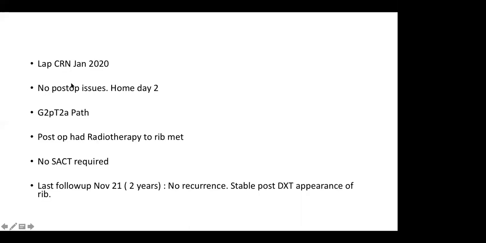Right. Great. So we did a laparoscopic cytoreductive nephrectomy almost 2 years ago. Home day 2. Pathology was not very aggressive. Post-operatively, she had radiotherapy to this rib metastasis, and there's no anti-cancer drugs required. Last follow-up, almost 2 years, no recurrence, stable appearance of the rib, no further disease process.